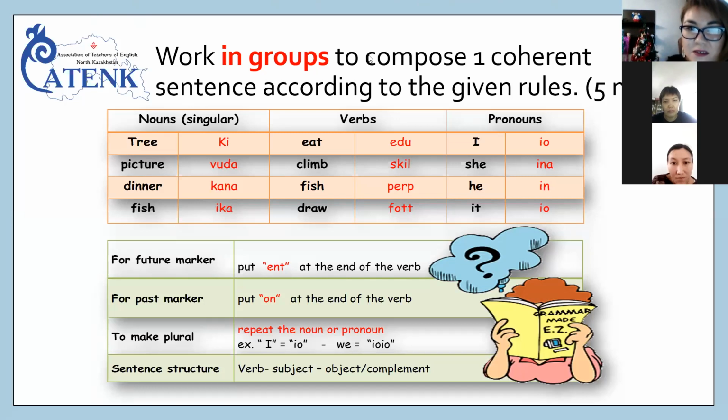You see here the instructions: work in groups to compose one coherent sentence according to the given rules. Do you see the slide, right? It's not in groups, but work individually instead. So work alone and make up one sentence according to the given rules. So just try to figure it out.